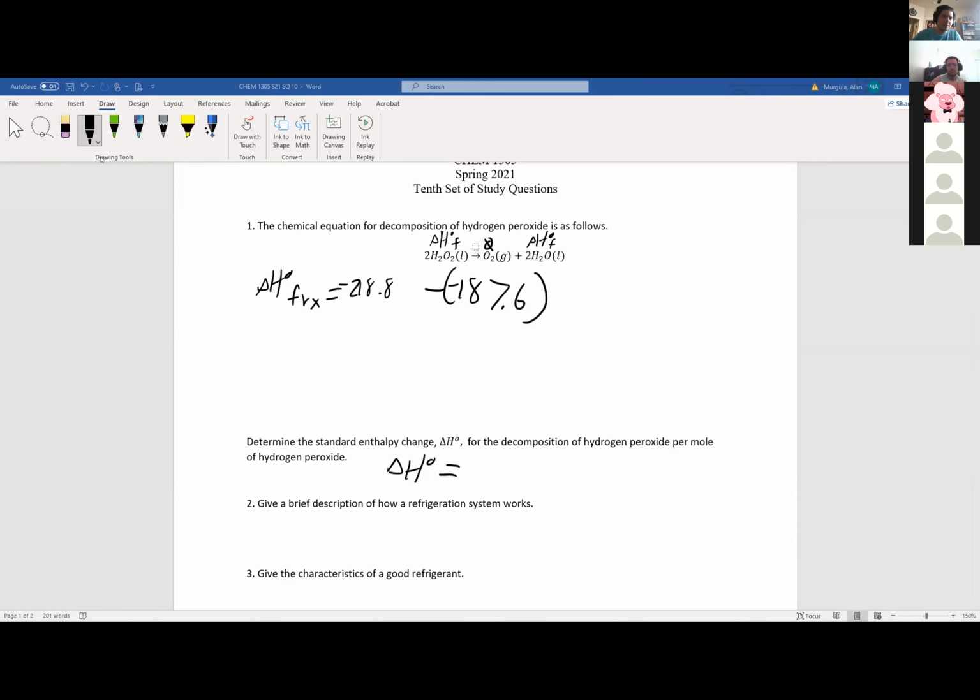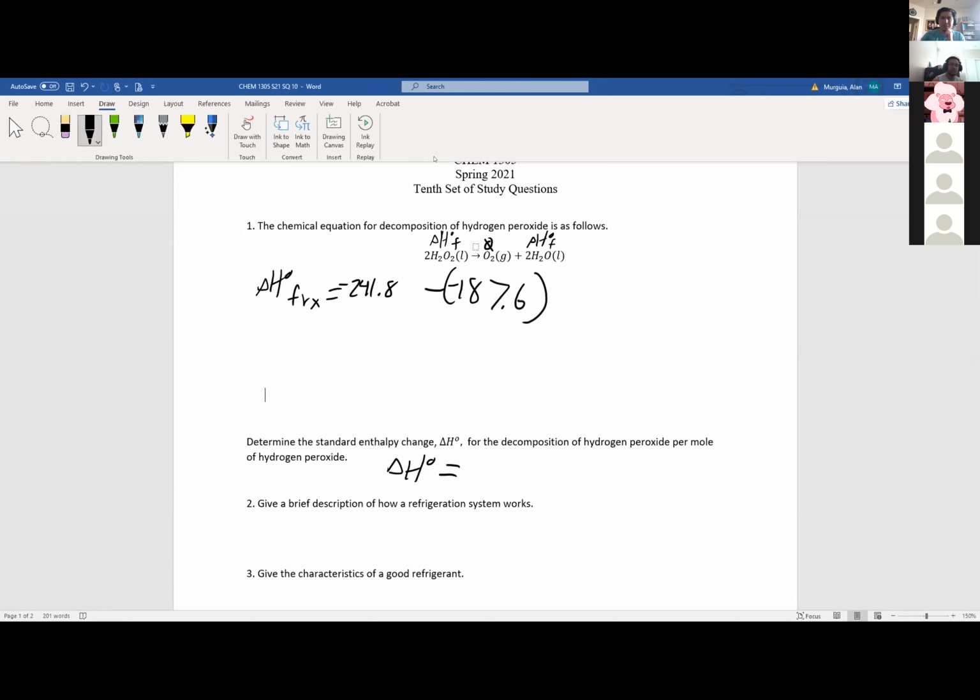So let's see. Negative 241.8. So the one that Onesimo gave, check to see what state of matter that's in, because here we're working with liquid hydrogen peroxide. So I think that's for water. Oh, was it? Yeah, because that's the one I gave for water last time too. Okay, I see. So negative 241.8.